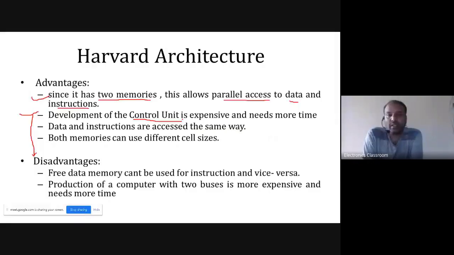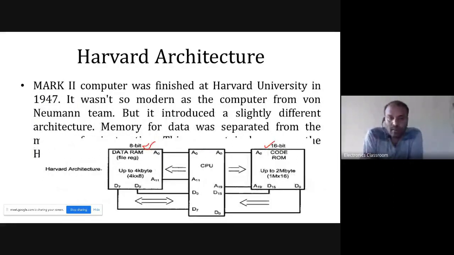Then, free data memory can't be used for instructions and vice versa. This is a very important point to be noted. Suppose in any application I am using only one third or one fourth part of the data memory. Let us assume I'm only using this part in the application, so the remaining part is free.